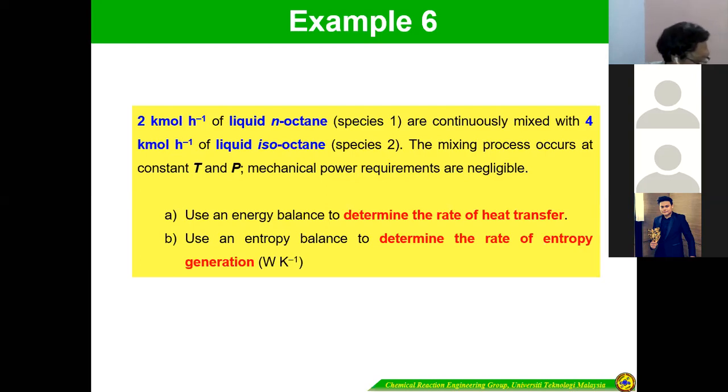Any question about that? There is going to be a change in temperature or change in phase, definitely, plus the heat of reaction. Any questions?